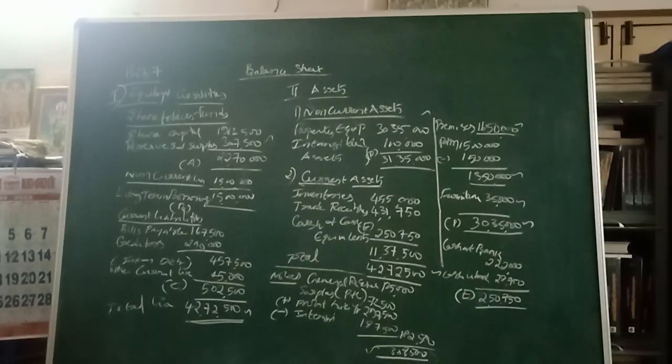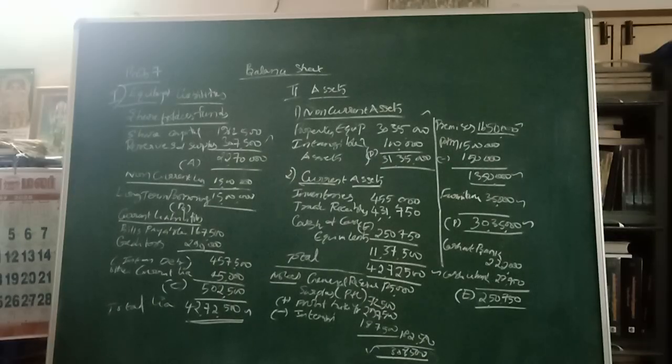One effect we already gave in P&L. Another effect should be on the asset side. A non-current item, plant and machinery. From that we have to deduct the depreciation 1,50,000. Net value of plant and machinery is 13,50,000. The same is shown in the main part of the balance sheet.